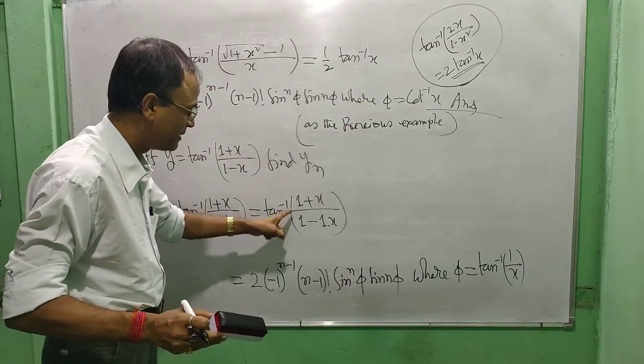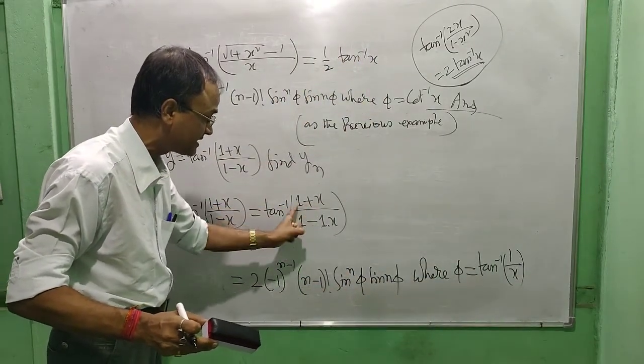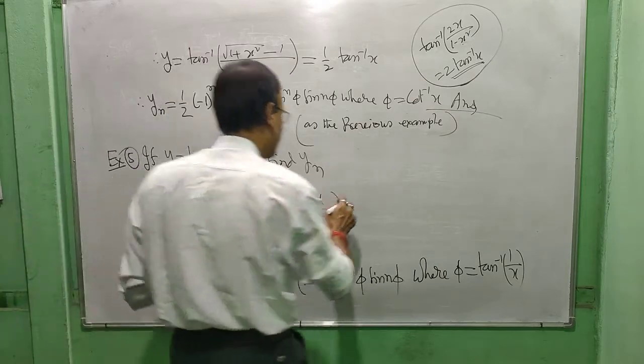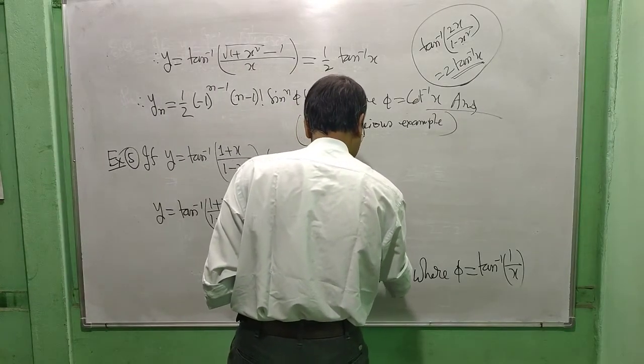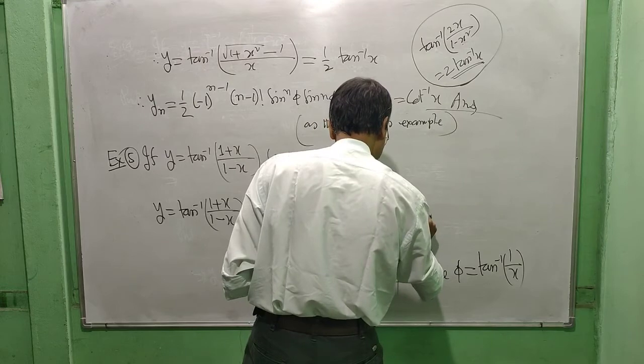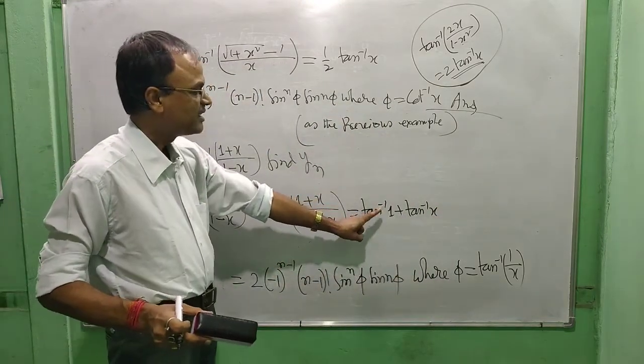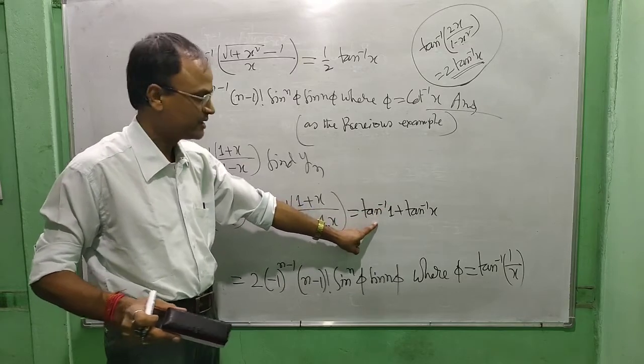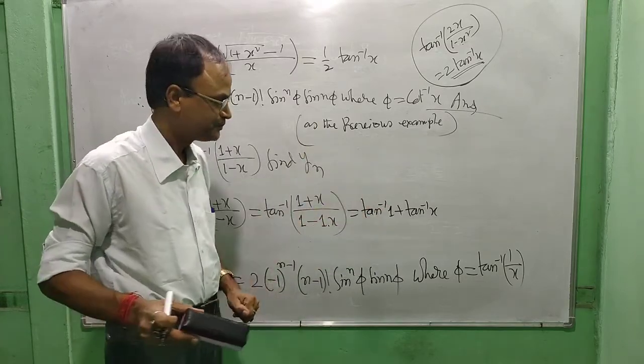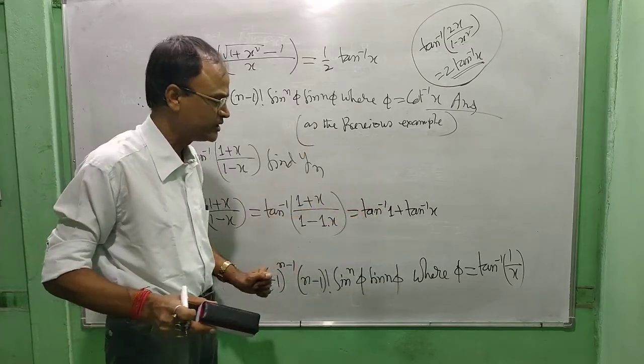It is of this form, so it will definitely be tan inverse 1 plus tan inverse x. The differentiation of tan inverse 1, which is pi by 4, is equal to 0.